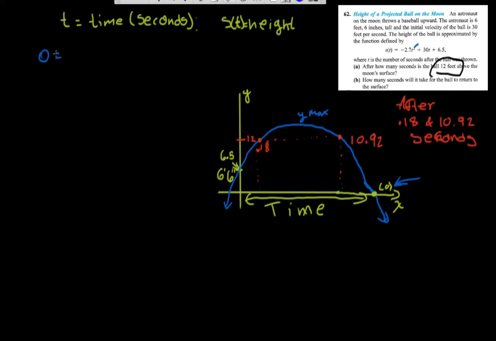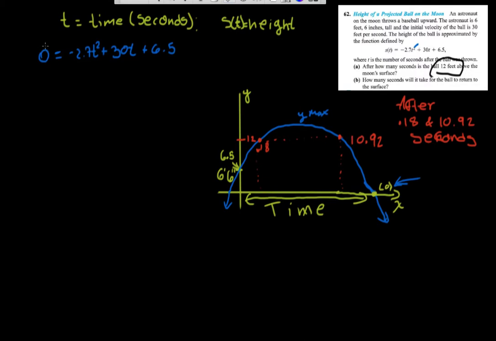So our equation is negative 2.7t squared plus 30t plus 6.5.